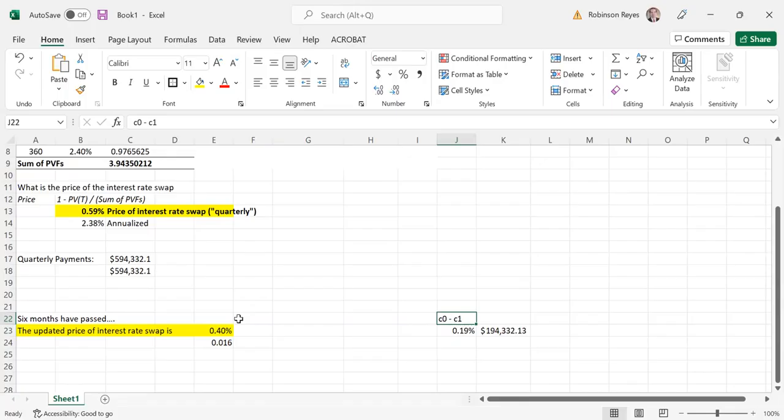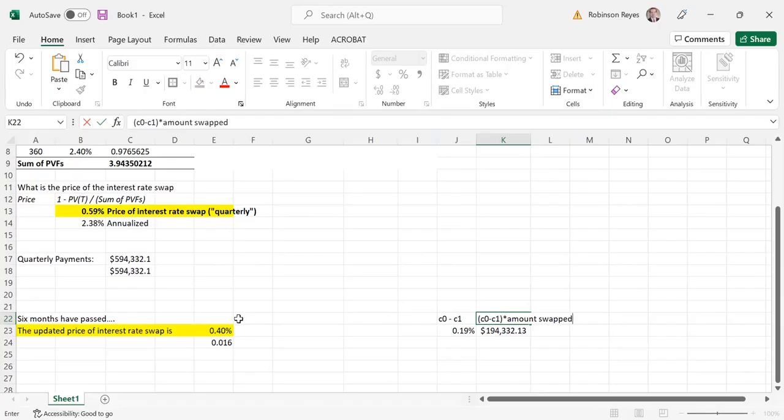C1 is the rate of the swap today. The difference is 0.19, and then we end up with this Z0 minus C1 multiplied by the notional amount, or let's simplify this by the amount swapped.